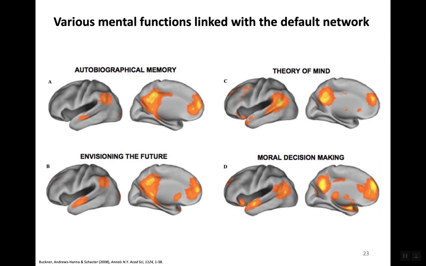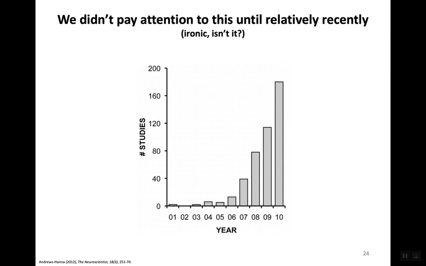And in recognition of the importance of the default network in a variety of aspects of cognition, its study simply took off, skyrocketed after the mid-2000s. So after 2006, 2007, we saw an explosion of neuroimaging studies dedicated to the default network.